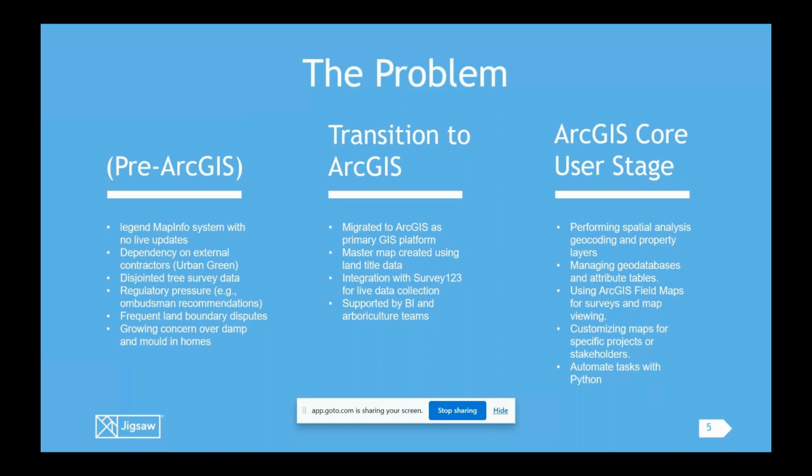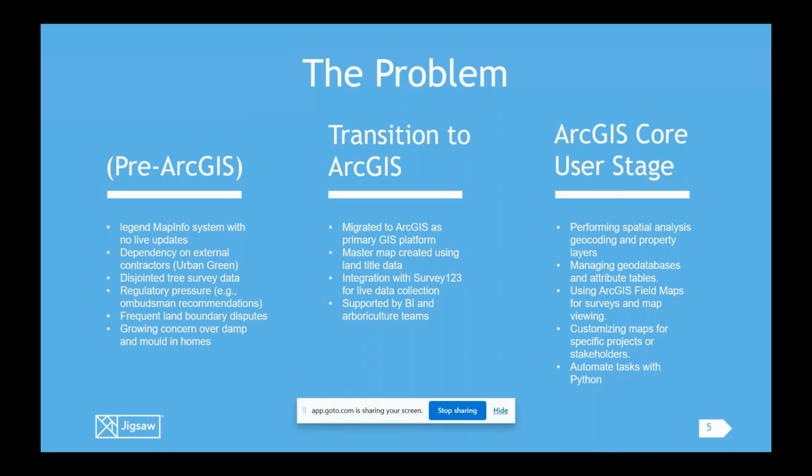So that's the time when I joined the group, and we had a lot of issues with boundaries, disputes, and a growing concern these days, damp and mold in homes. We then started transitioning our maps. There were a few MapInfo maps that we had and a bit of data.